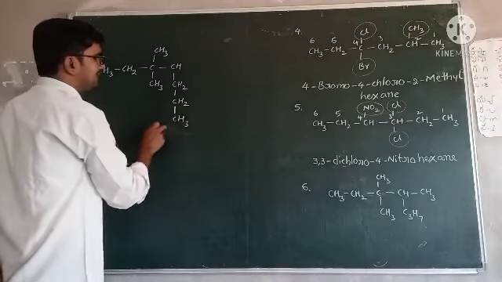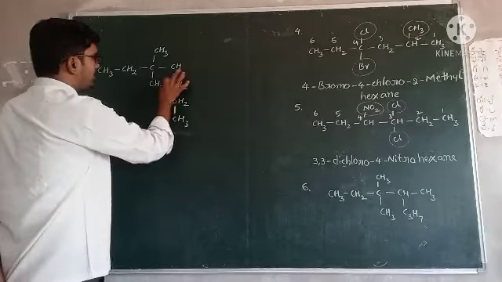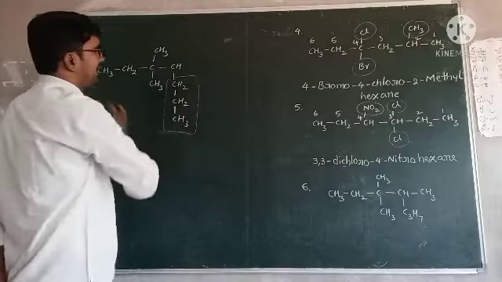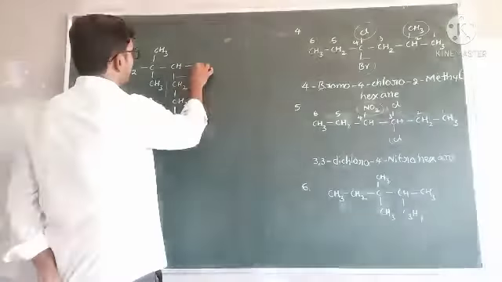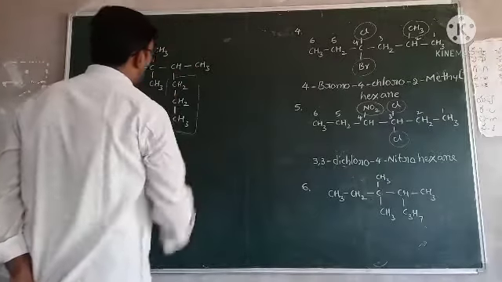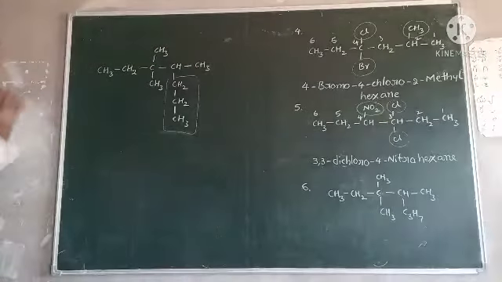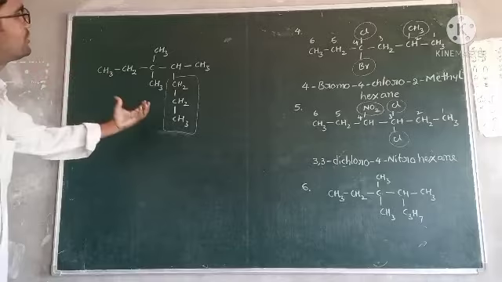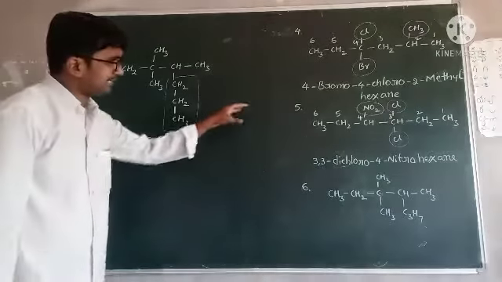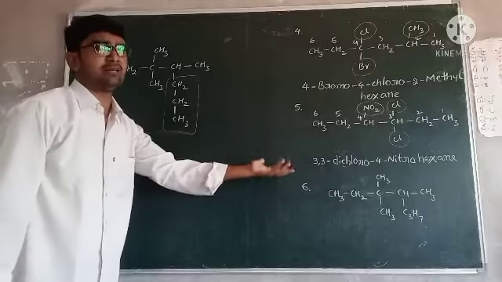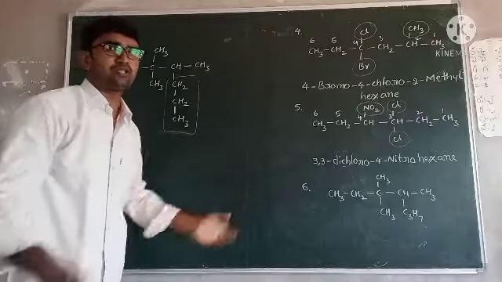This is C3H7. This part is C3H7. Okay. And this one is CH3. Now identify which is the long chain and which are the substitutions in this compound. In the remaining one only CH3 is there, or sometimes C2H5 is given, so there are no problems.